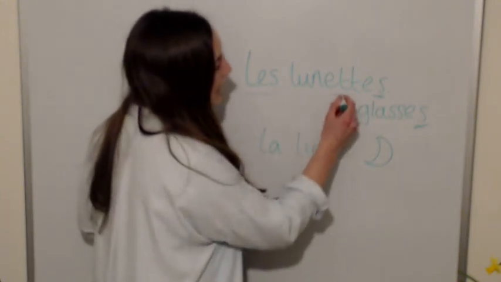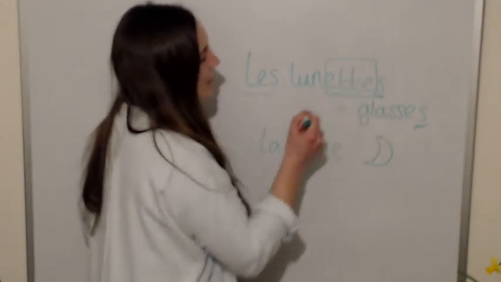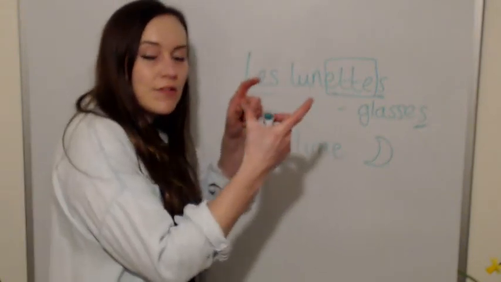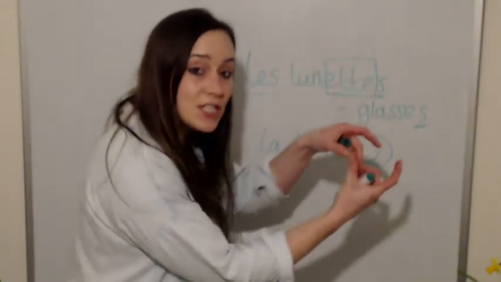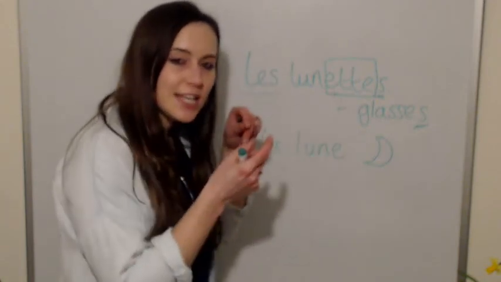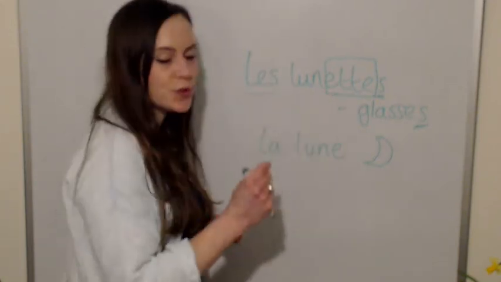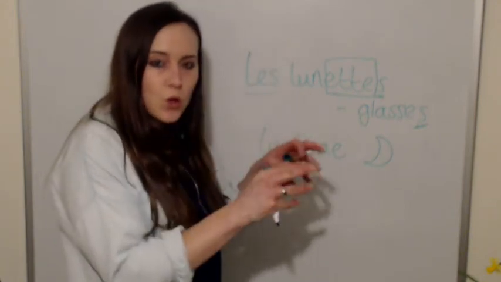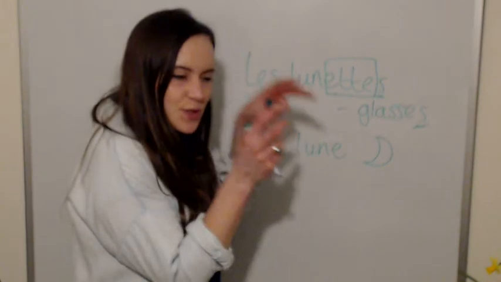And this here, et, we call this a suffix. It's a few letters that add on to the end of a word to change the meaning. And in French, you use et to make something sound small and sweet. Right, so small, basically.